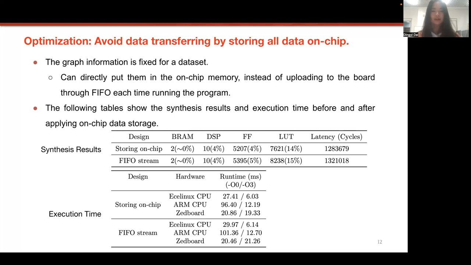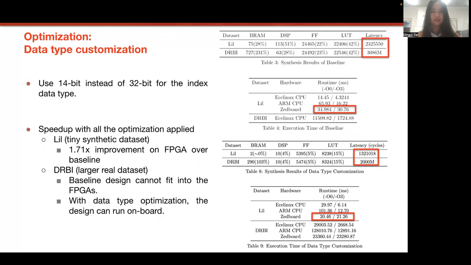And then we have our next optimization strategy, which is data type customization. So here we use 14-bit instead of the default 32-bit for our data types, which can save a lot of memory usage from the boxes here.